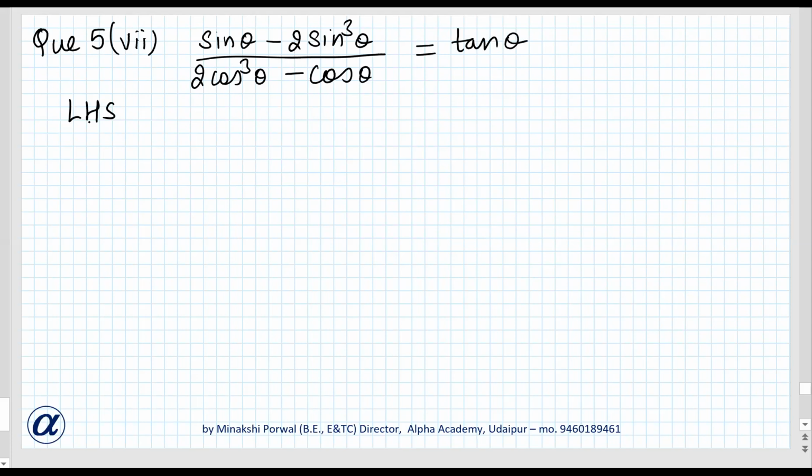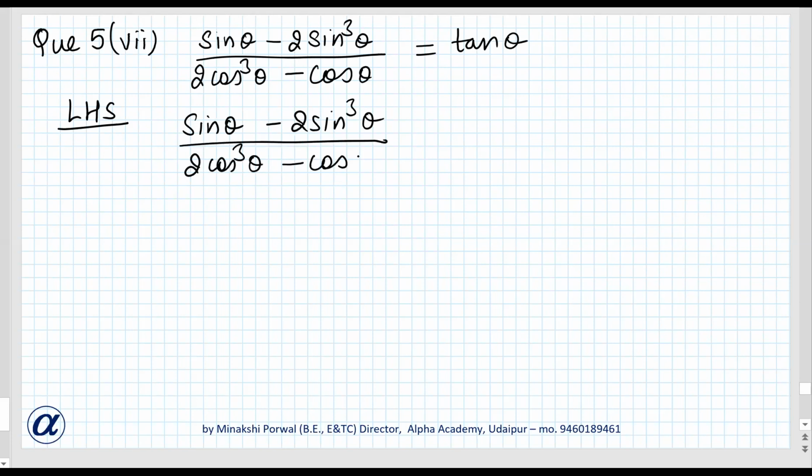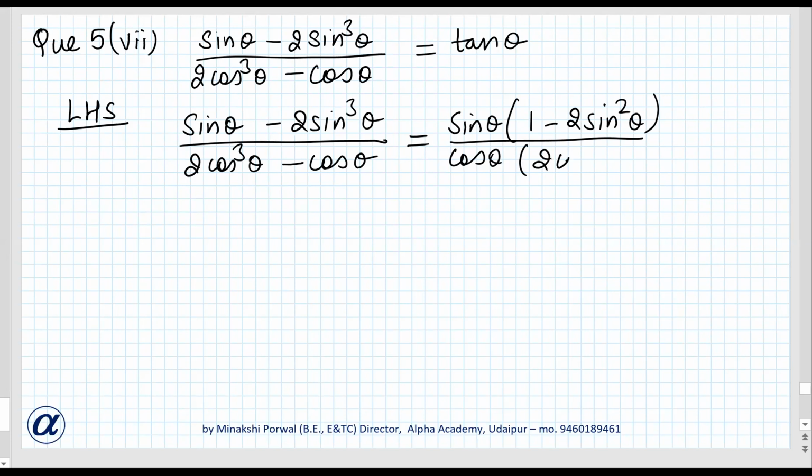So LHS: sin theta minus 2 sin cube theta upon 2 cos cube theta minus cos theta. From the numerator I am taking sin theta common, so it is 1 minus 2 sin square theta. From the denominator I am taking cos theta common, so it is 2 cos square theta minus 1.